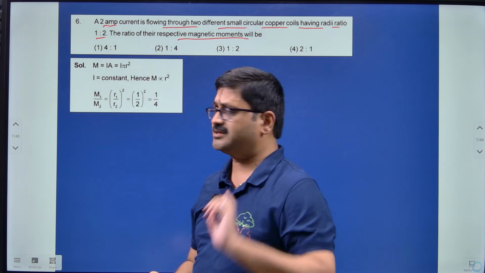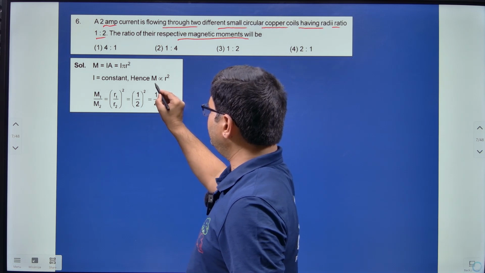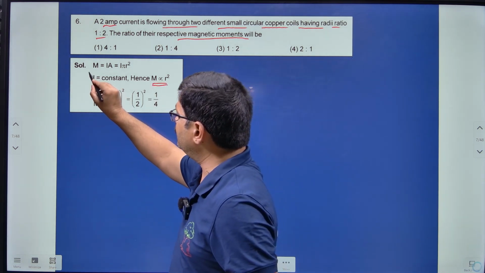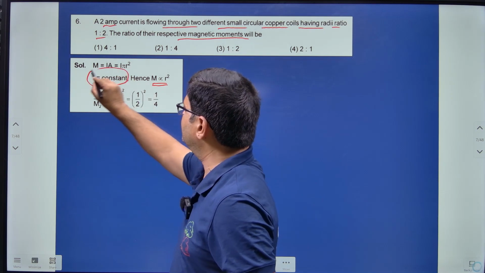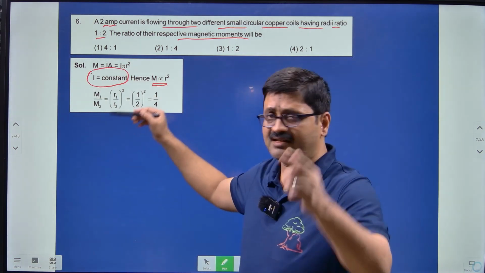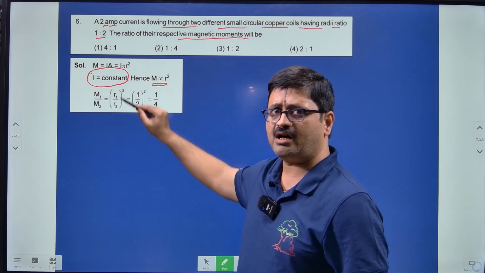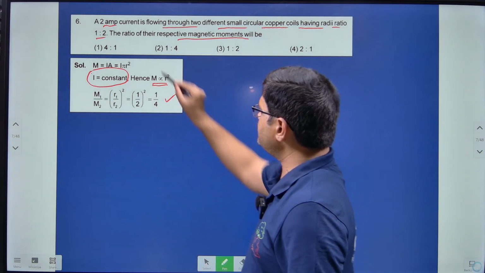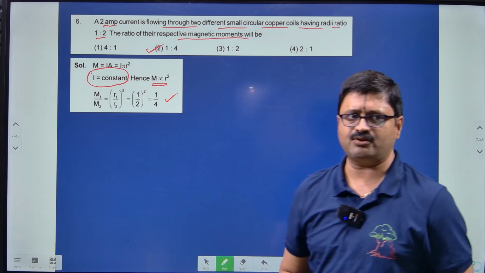R square. So hence clearly I can see that M should be directly proportional to R square. Why it is like that? Because current is constant here. So hence, I can very easily extract the ratio out of it. M1 by M2 is R1 by R2 whole square. So clearly it becomes 1:4. So hence, option 2 is the right choice here.